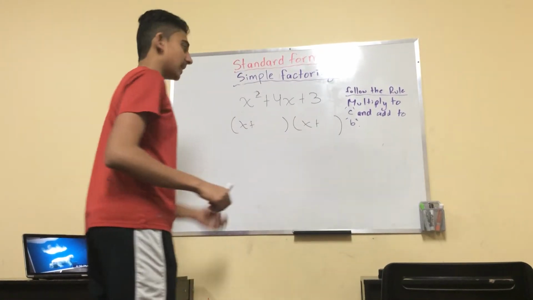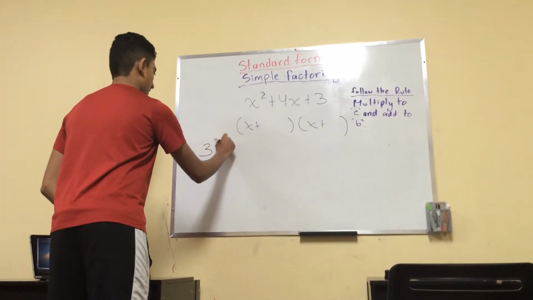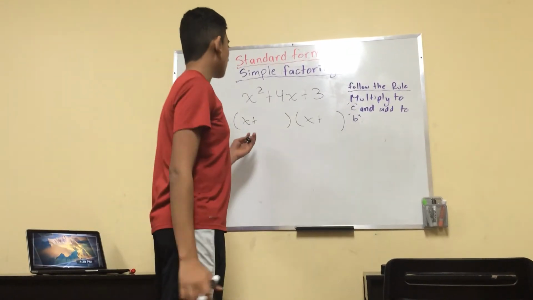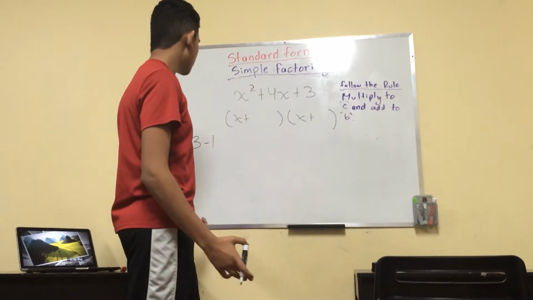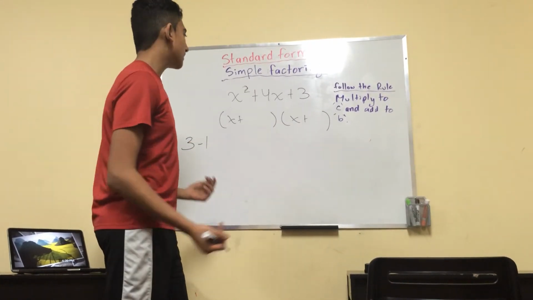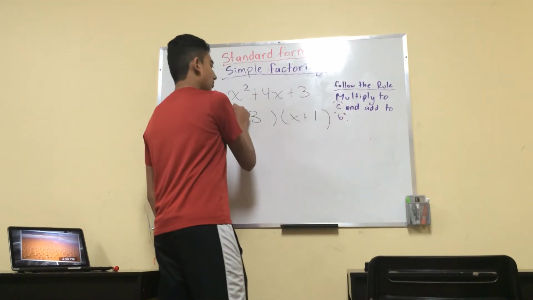So what are some factors that multiply to 3? 3 and 1, and that's it, so there's only one. This would be really easy on a test, because there's only one pair of factors of 3. Just check to make sure, but it's probably going to be right. So let's try 3 and 1.